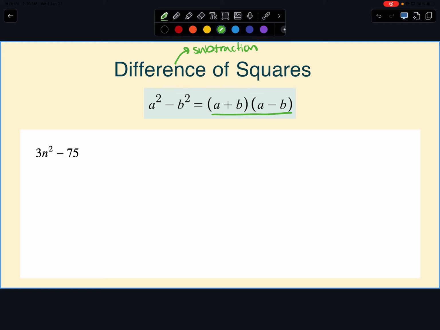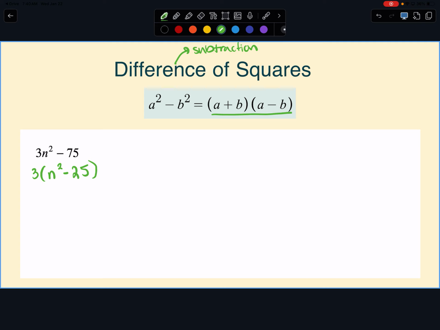So in this first example, just like the example before, we do not have all perfect squares right now. 3 and 75 are not perfect squares. However, we do have a greatest common factor. So reinforcing the last type, let's factor out a 3 and see, oh, now I do have a difference of perfect squares.